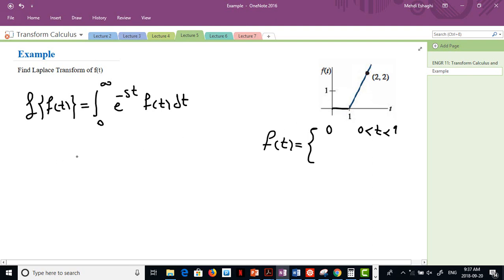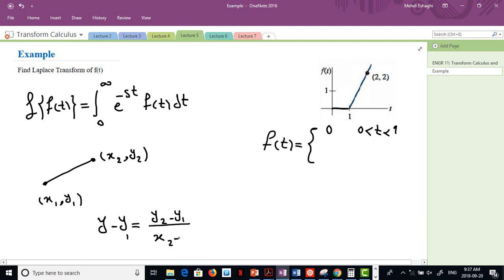So I think you remember when you have 2 points on one line, like (x1, y1) and (x2, y2), you can easily find equation of the line. So remember that the equation is y minus y1 equal to (y2 minus y1) over (x2 minus x1) times (x minus x1).